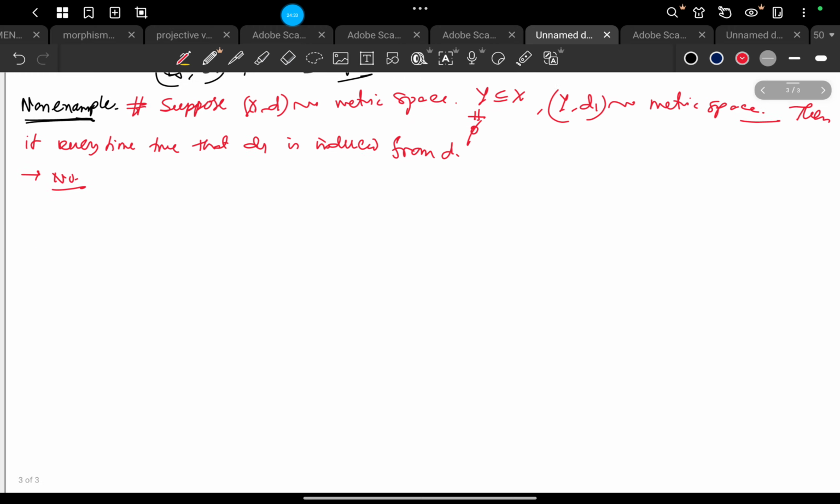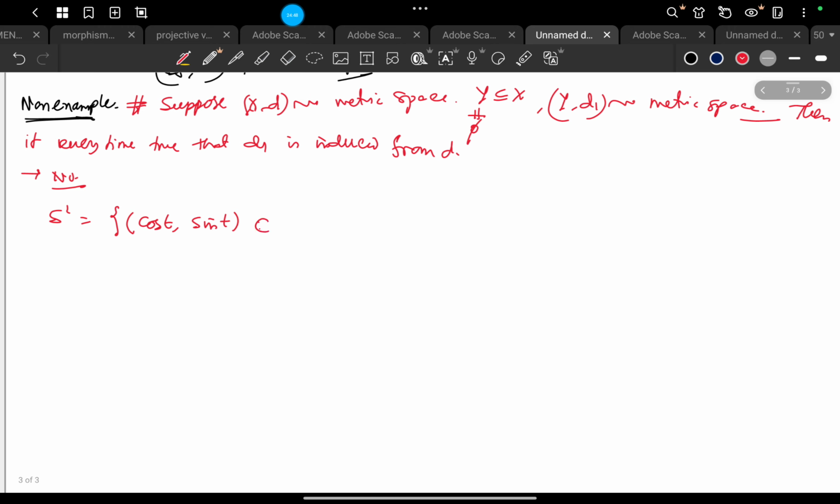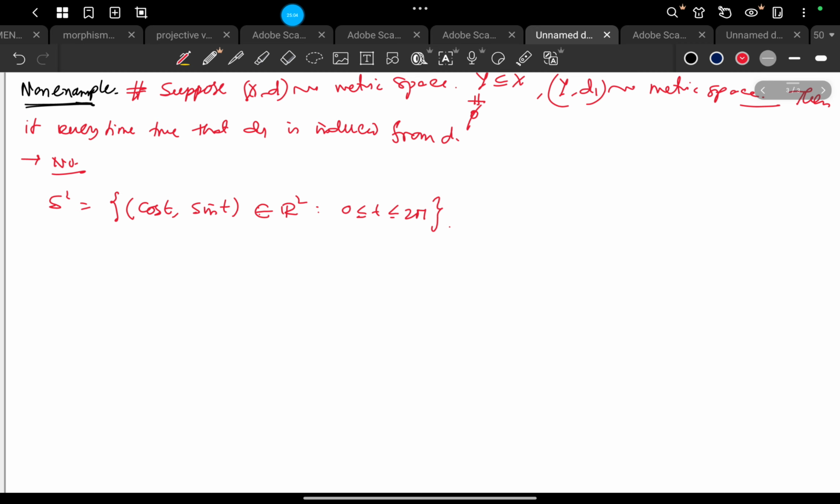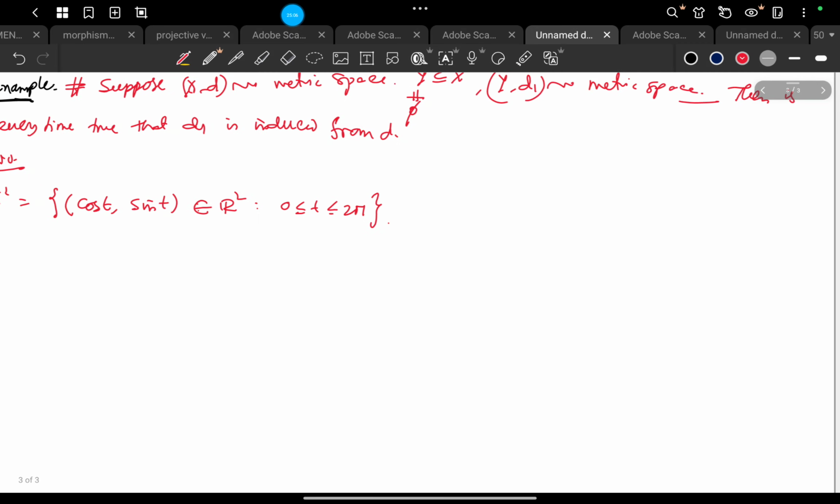As a counterexample, let us consider a circle S1 which is of the form (cos t, sin t), which belongs to R2, such that t is between 0 and 2 pi. So we are taking it this way.